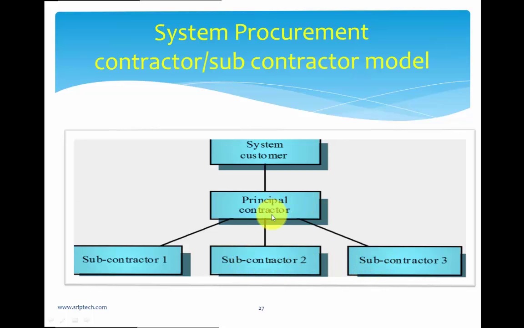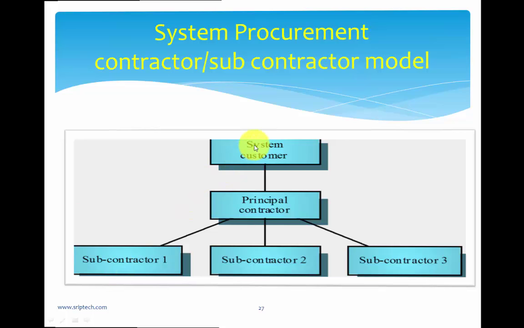For example, if I want to buy a biometric system, the principal contractor has to talk to an electrical engineer. He has to talk to a civil engineer. He also has to talk to an architectural engineer. Why does he have to talk to an electrical contractor? Because he has to give the electrical connections. Then he has to talk to a civil engineer because he has to drill holes in the wall to install a biometric device. And he also talks to an architectural engineer to ensure that the aesthetics of the building is maintained.